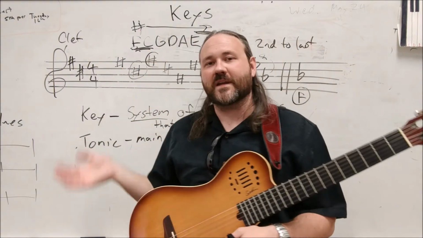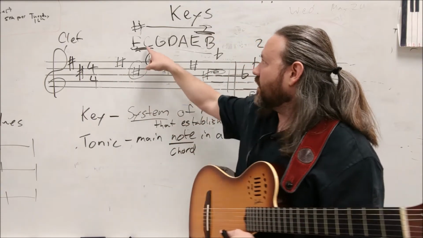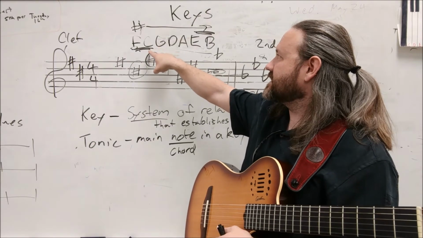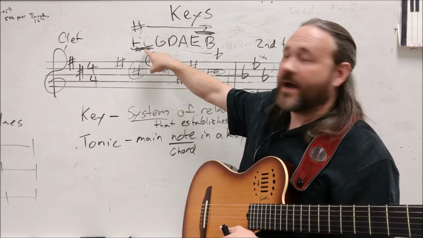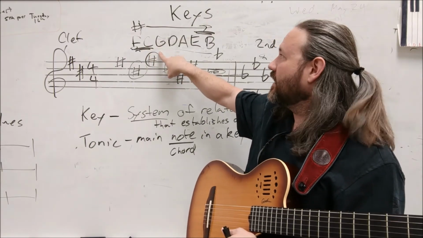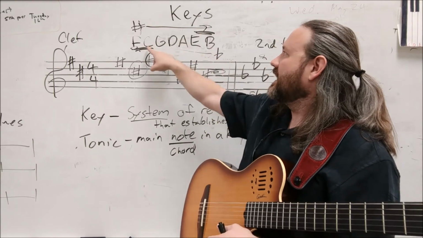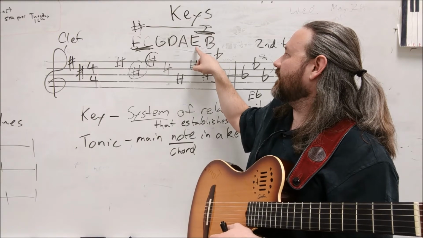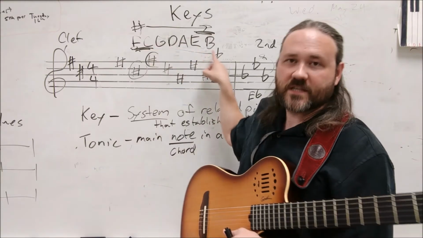If we have 6 sharps, we could express it as 6 flats. So C flat, yes. So if we get to the end and we have G flat, key of G flat, which is 6 flats, is the same as the key of F sharp, which is 6 sharps.